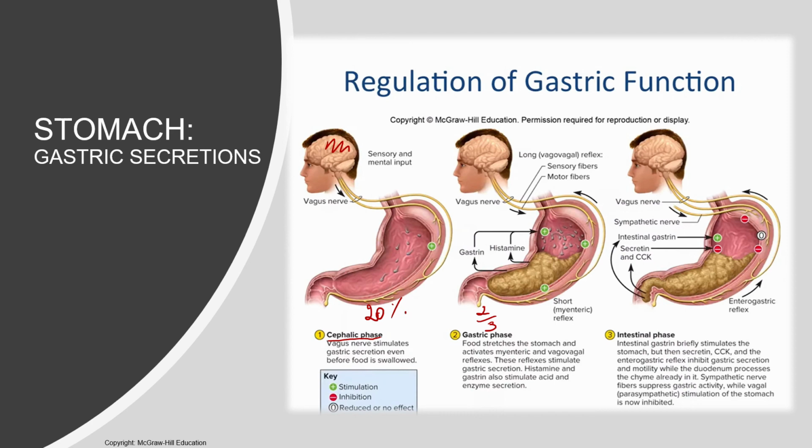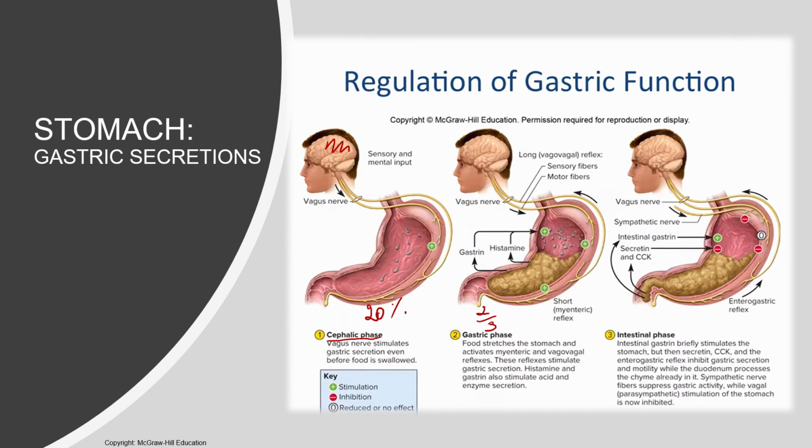Ingested food stimulates gastric activity by stretching the stomach and raising the pH of its contents. And this is not what the stomach is used to, right? So this causes a cascade of events that leads to the release of HCl by parietal cells, which lowers the pH back and breaks apart the food.